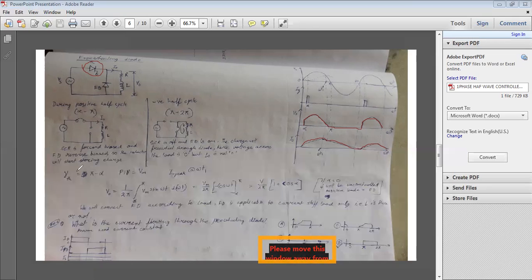If you want the uncontrolled one, put alpha equal to 0, and then you will get the same equation as the uncontrolled device. Okay, so this is our freewheeling diode.